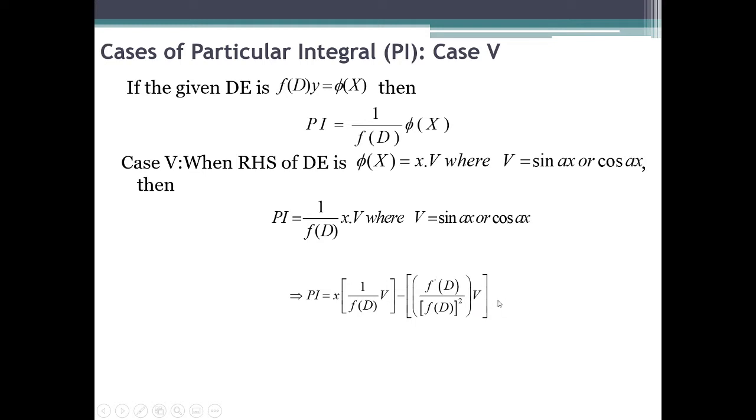Now here v is there, therefore after this we apply case number 2 for solving this. That means substitution is D square equal to minus a square, and find out the required PI.